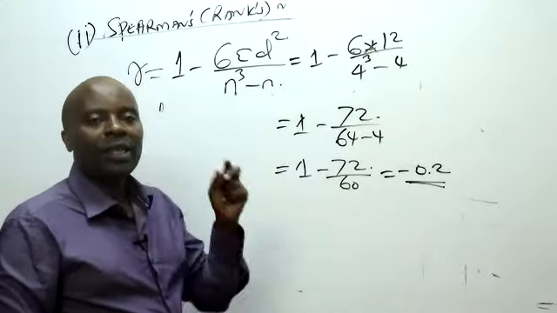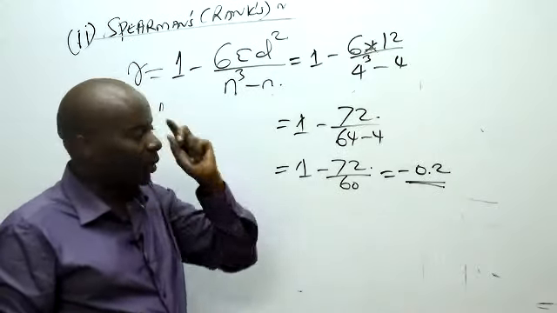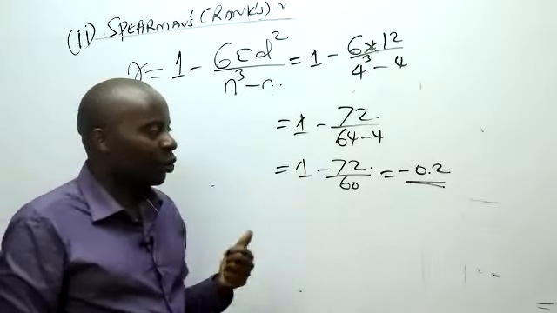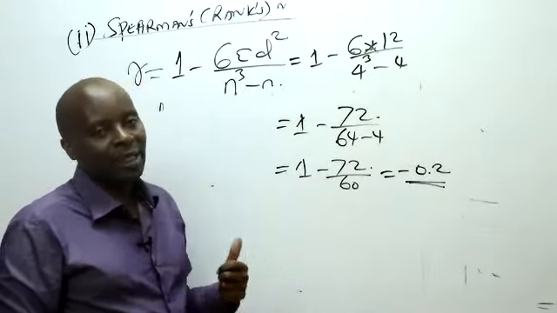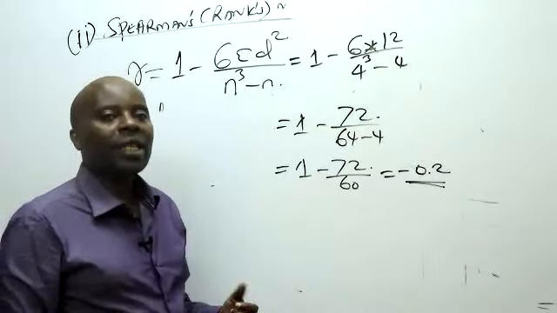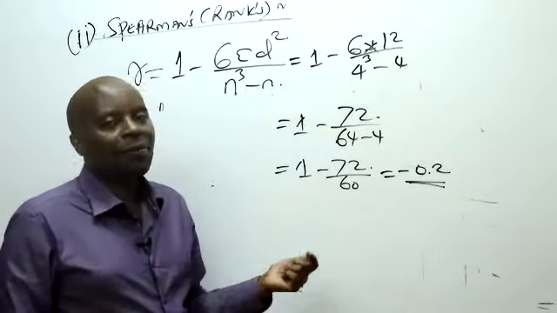So meaning that there is some relationship between the two variables, between the ranks of the two judges, which happens to be a negative. Meaning that the two judges have got different tastes and preferences.